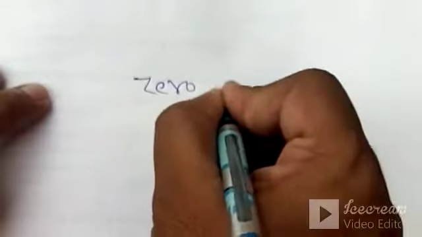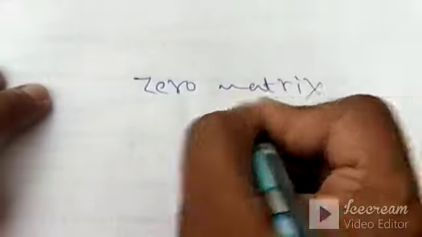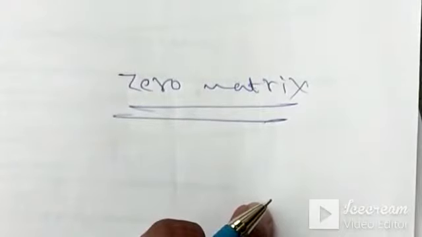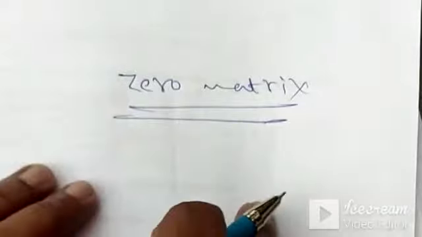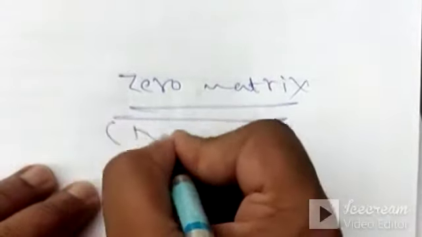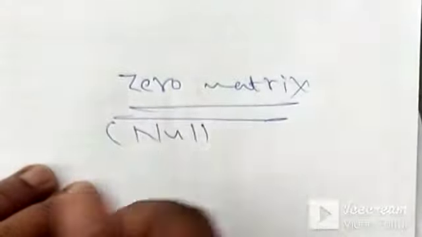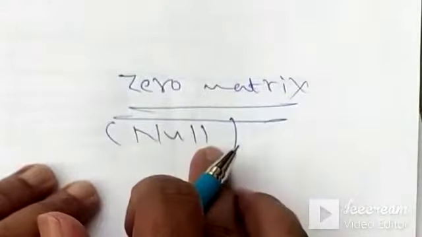Now the last one is zero matrix. Very simple definition. A matrix is said to be a zero matrix or null matrix. Sometimes we call it a null matrix, zero matrix or null matrix.